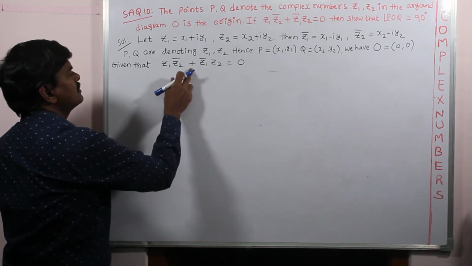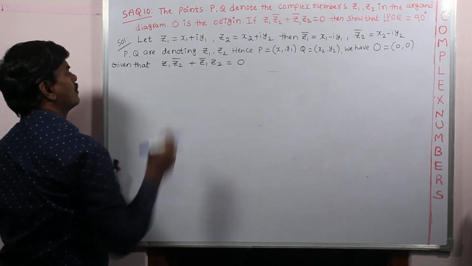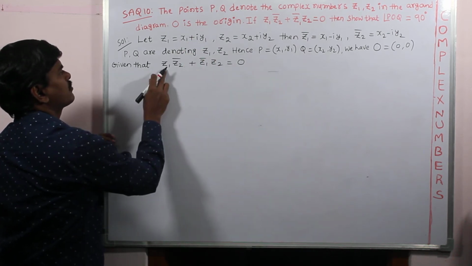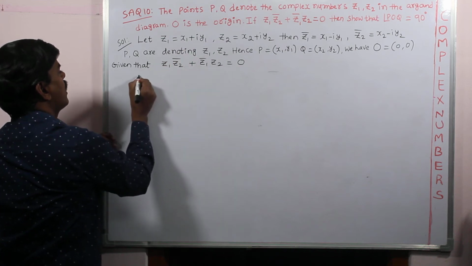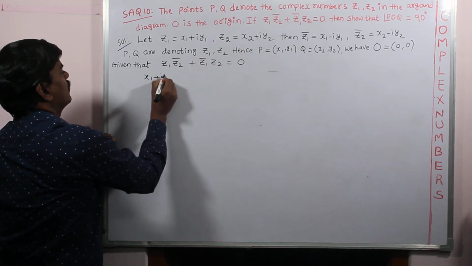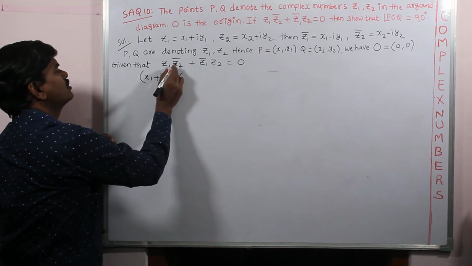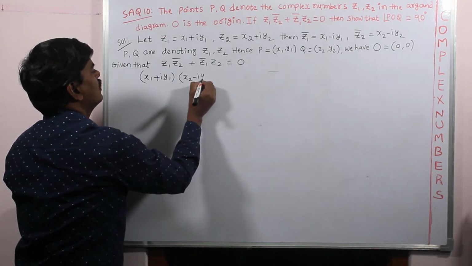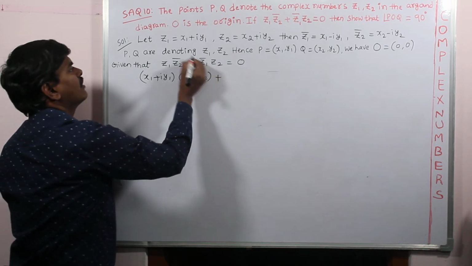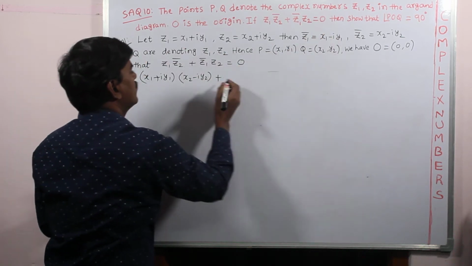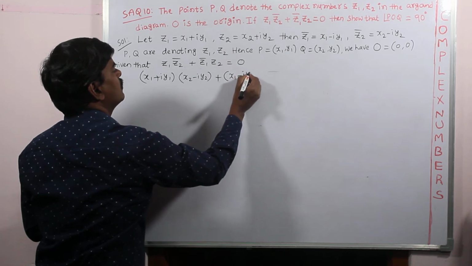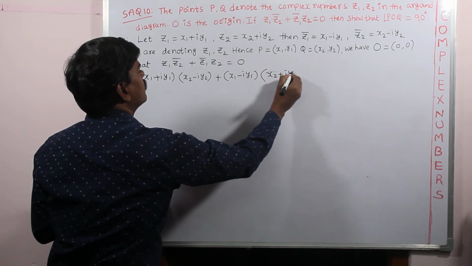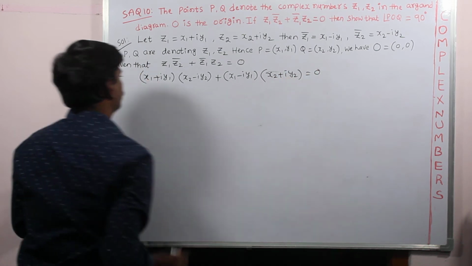Z1 Z2 bar plus Z1 bar Z2 equals 0. So what is the possible simplification? Substitution and simplification. Substitute Z1 as x1 plus iota y1 into Z2 bar, which is x2 minus iota y2, plus Z1 bar, which is x1 minus iota y1, into Z2, which is x2 plus iota y2, that equals 0.